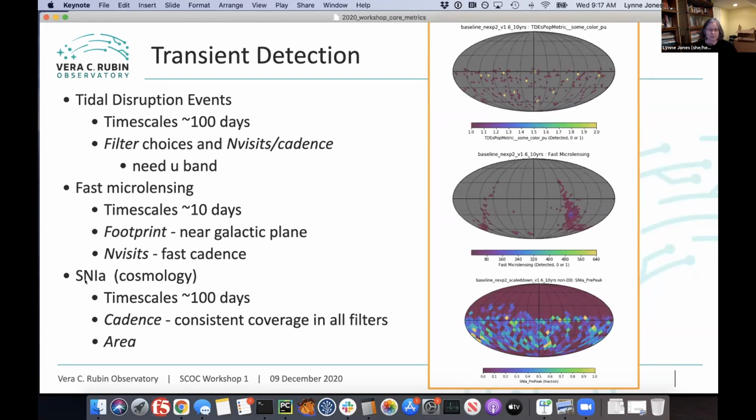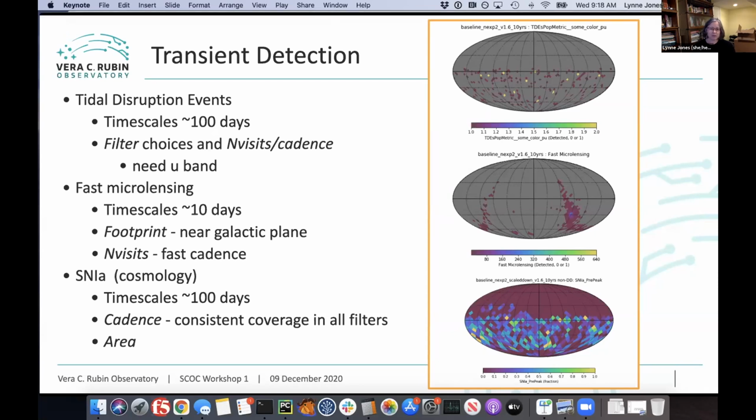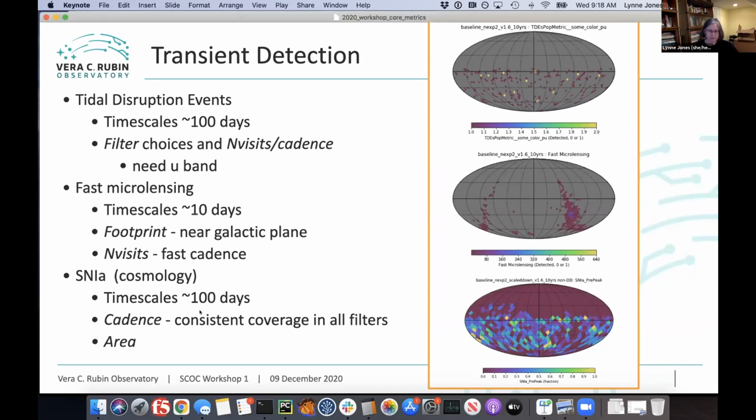Now, Supernova 1A, this is actually primarily a cosmology metric because it is being driven by the DESC group, or they're contributing this metric. But it is also a transient event. I just put this here, but you could also say it was back in the transient or the cosmology section.